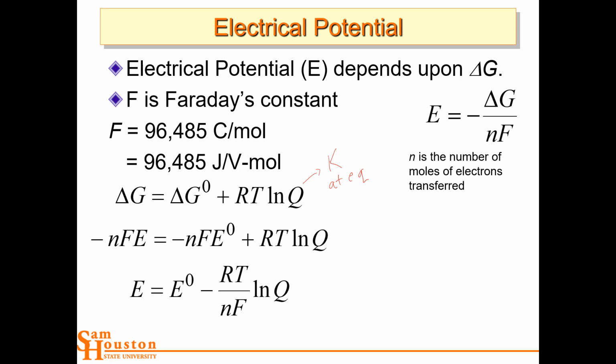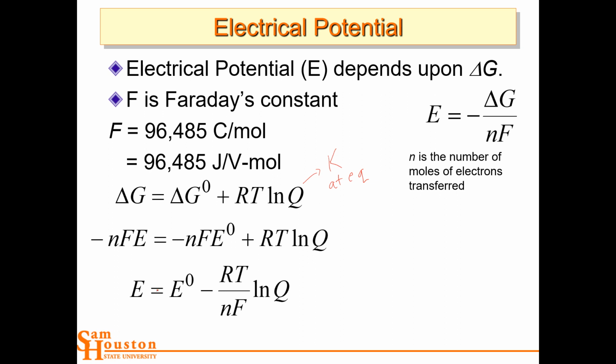Okay. But dealing with electrical potential, we take this substitution up here in terms of F and E and put it into our equation. And so we have the cell potential that's the standard cell potential, using 1 molar concentrations and 1 atmosphere pressures for any gaseous reactants or products. And then we have the actual concentrations in this reaction quotient here, and that gives us the actual cell potential.